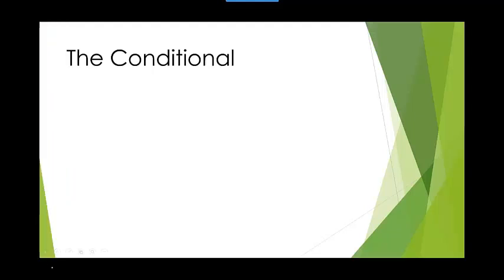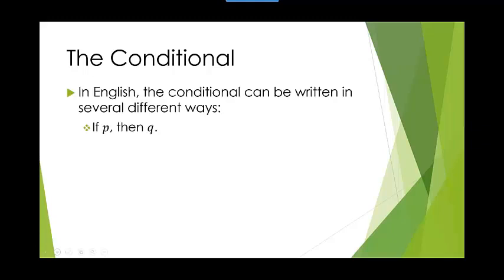Okay, so we have the conditional. We know that it can be written if P then Q. But in English, we can say the same thing in a lot of different forms. So we can say if P then Q. And if we say Q if P, that's going to be the exact same sentence.